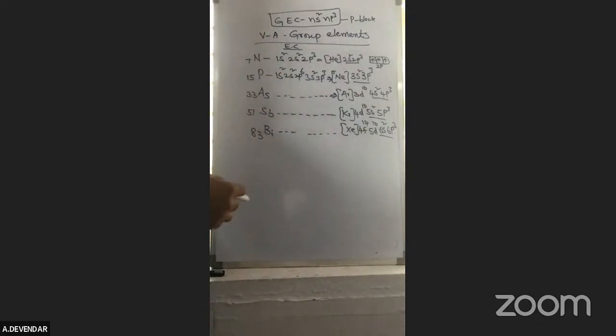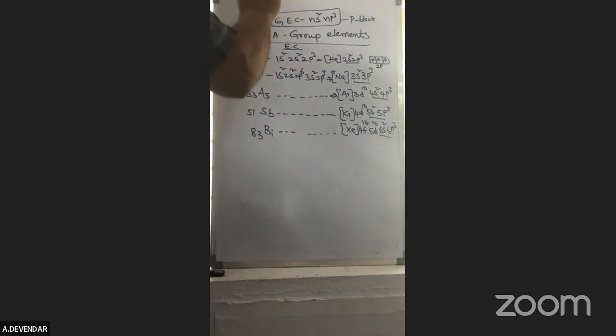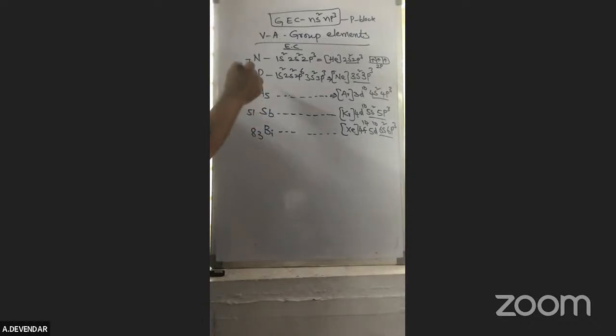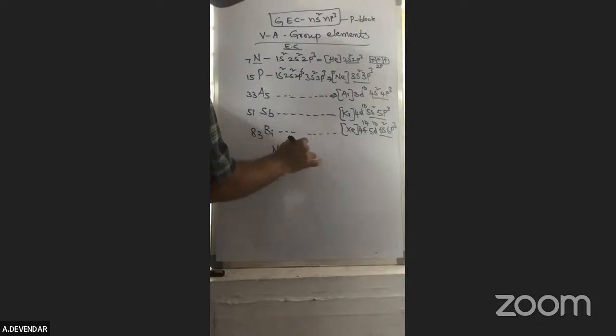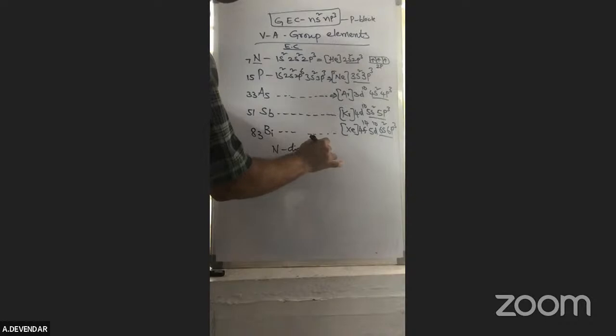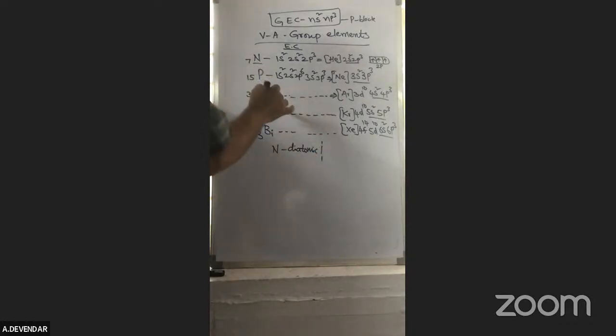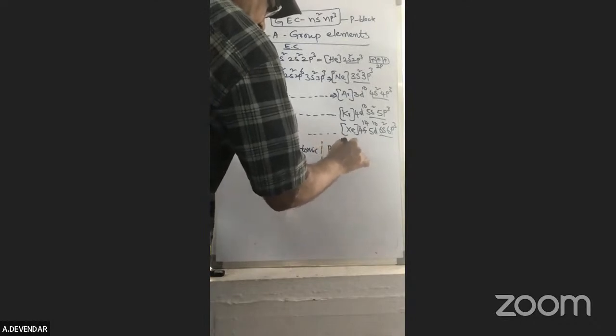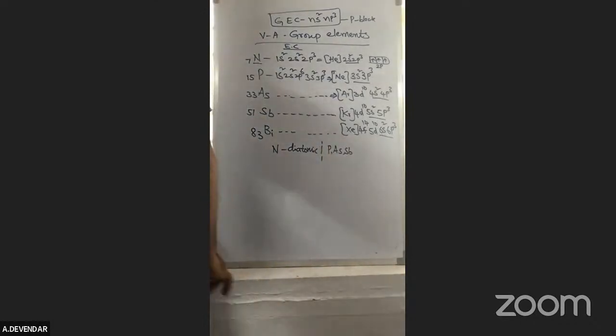Now coming particularly to nitrogen. Already you know the general electronic configuration and p block elements, and you have the specific case of nitrogen. Nitrogen is of diatomic nature. But phosphorus, arsenic, antimony, and also bismuth.